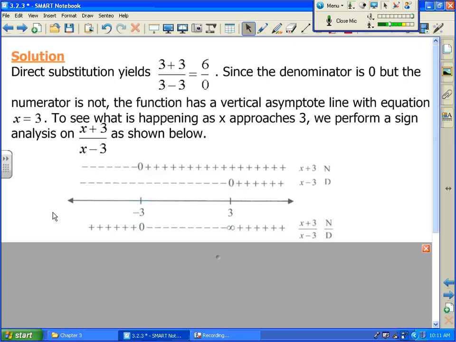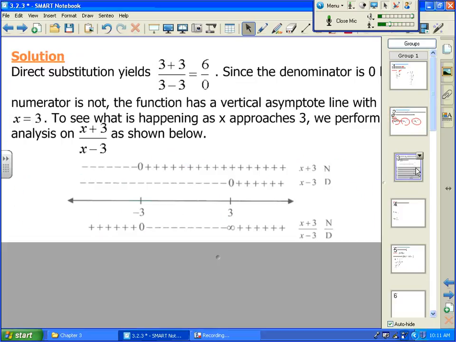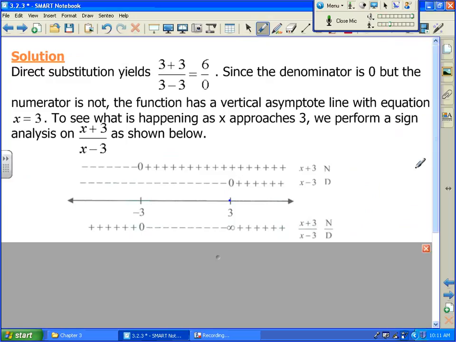So anyway, I want to make sure that I remember back to my question what I'm actually looking for. So the first one, I want to know the limit as x approaches +3 from the right. Let's look at my sign analysis. So I'm approaching this value from the right. Now from the right means you go from right to left. So I'm going to travel in this direction.